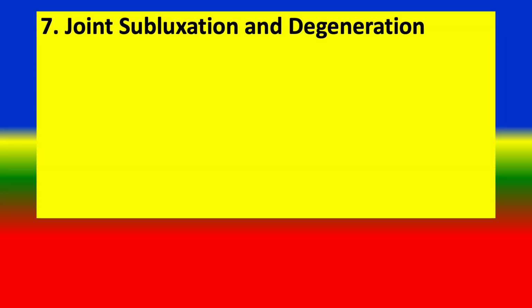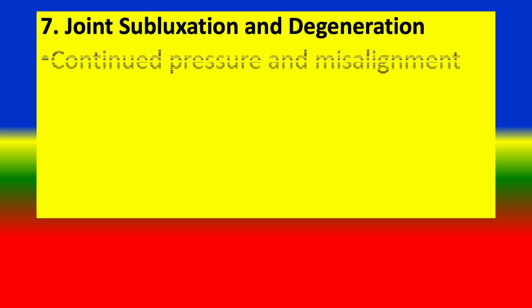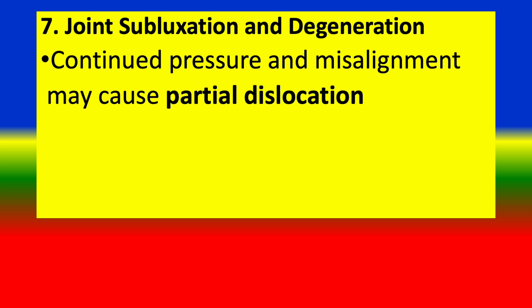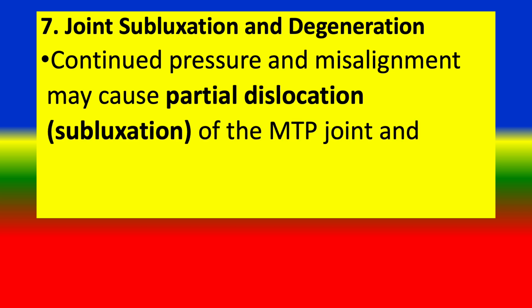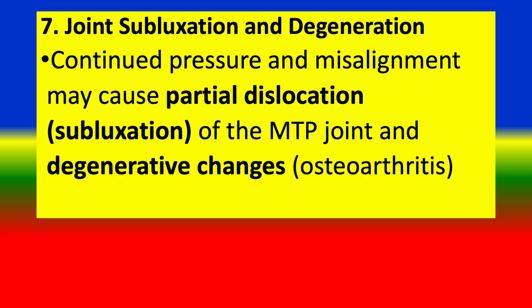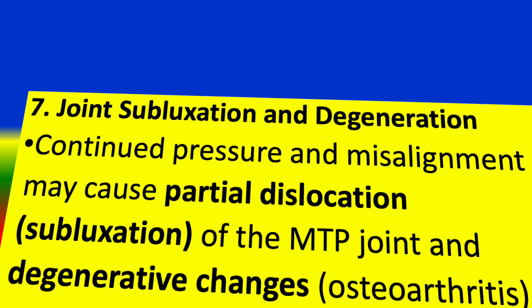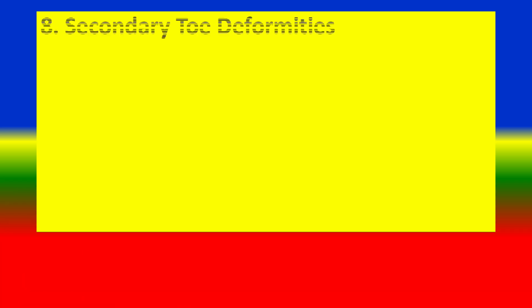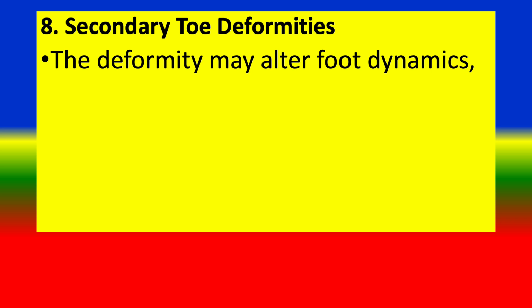7. Joint subluxation and degeneration. Continued pressure and misaligned ligaments may cause partial dislocation, subluxation, of the MTP joint and degenerative changes, osteoarthritis over time. 8. Secondary toe deformities.